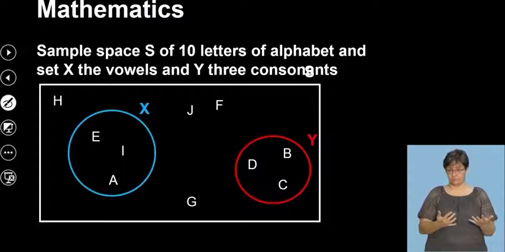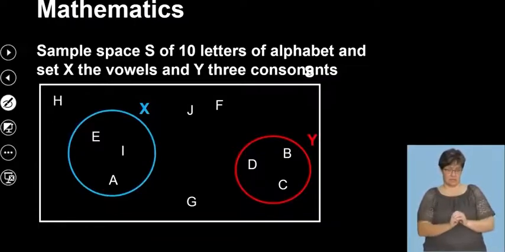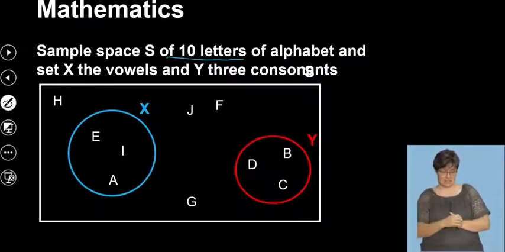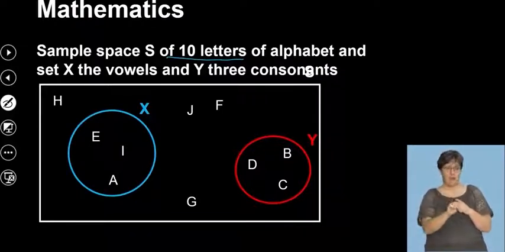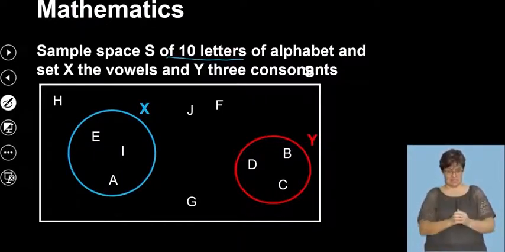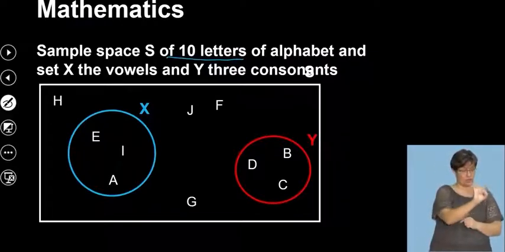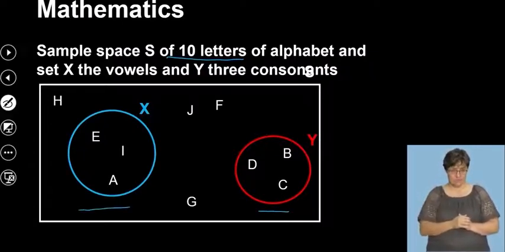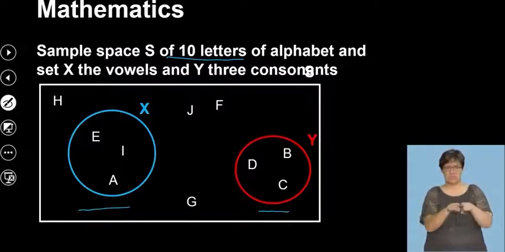So we're going back to our example of our 10 letters. And remember, that's the first 10 letters of the alphabet, and we recognize that is the sample space. We recognize X has got 3 letters in it, and Y has got 3 letters in it. There is no common element.